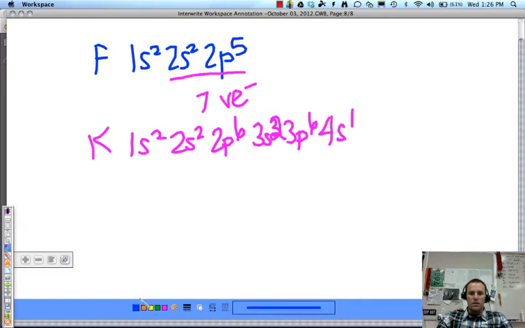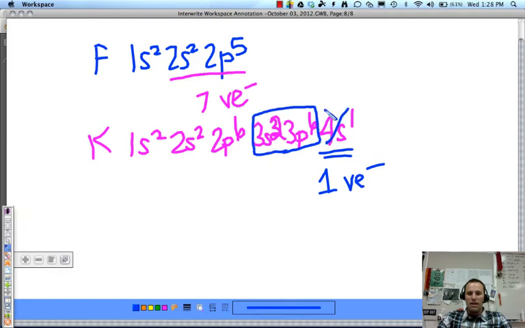All right. So again, here's our highest energy level. We have 1 valence electron. So don't you think that potassium really would like to give up that 1 valence electron? Because look, if we get rid of it, then we have 3s2, 3p6, which means potassium then would have 8 valence electrons, and it would be happy like the noble gases.